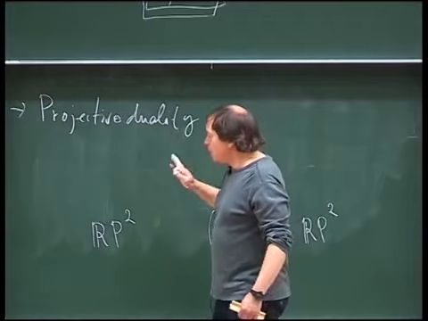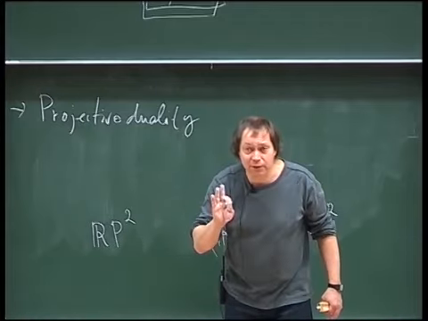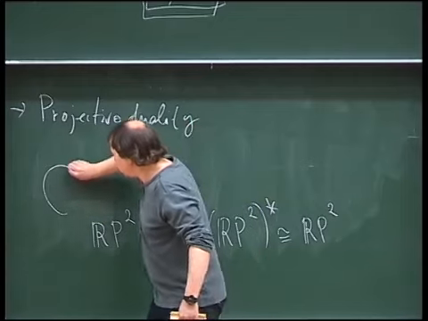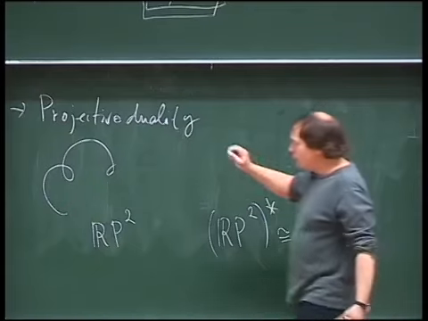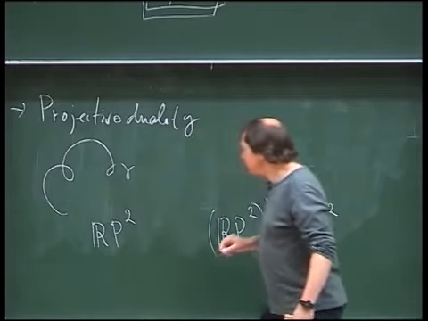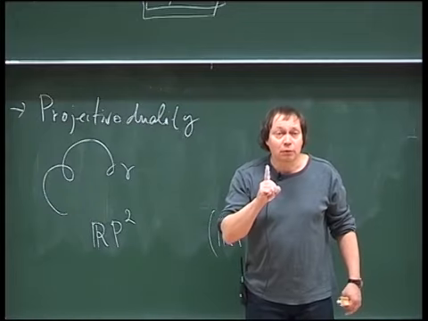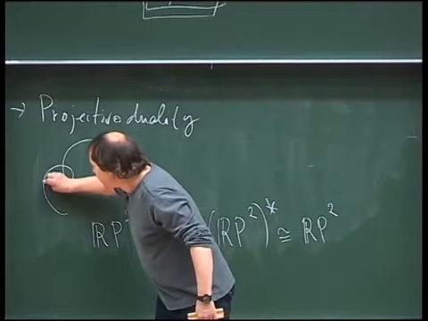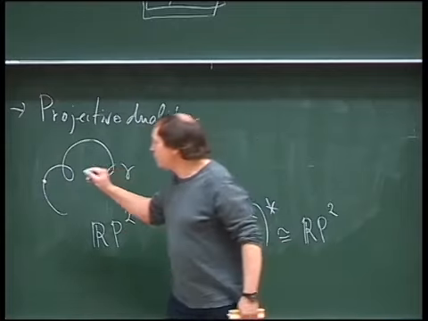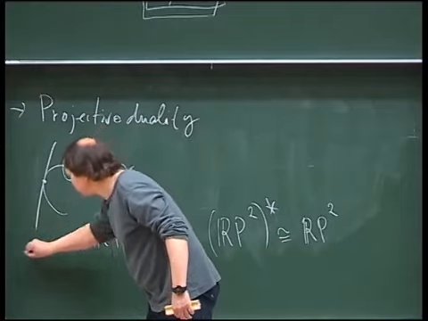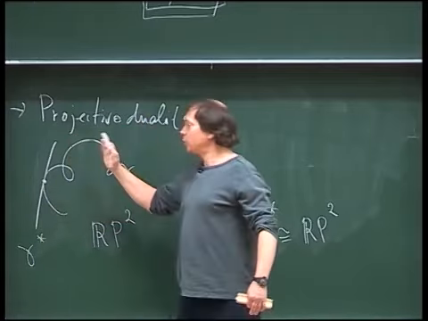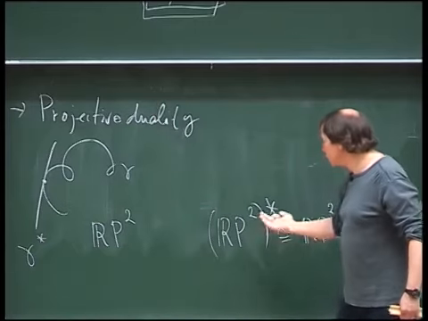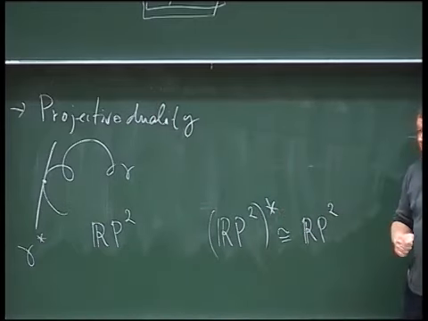Okay, so if we have a smooth curve first, if we have a smooth curve here, something like that, gamma, then gamma dual, what is gamma dual? The duality is simply given by the tangent line. So this is gamma dual, the evolution of the tangent line, viewed as a curve in the dual space.